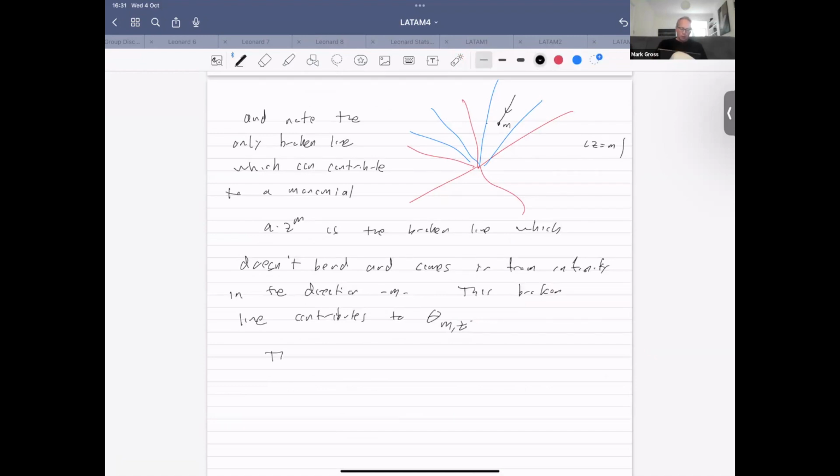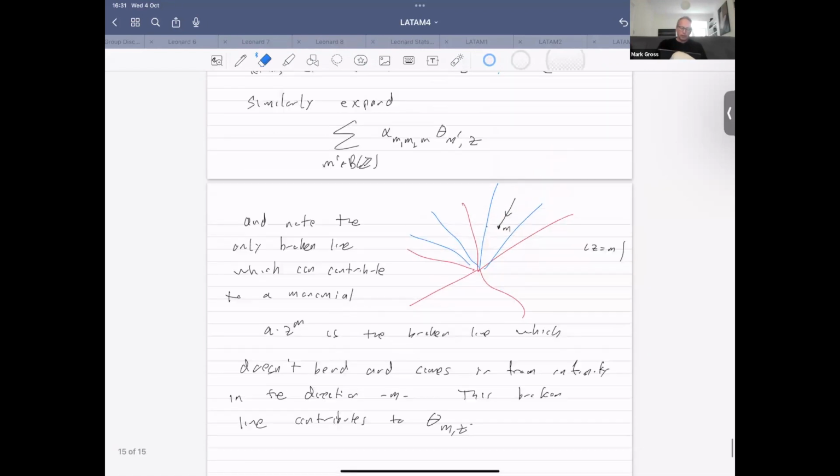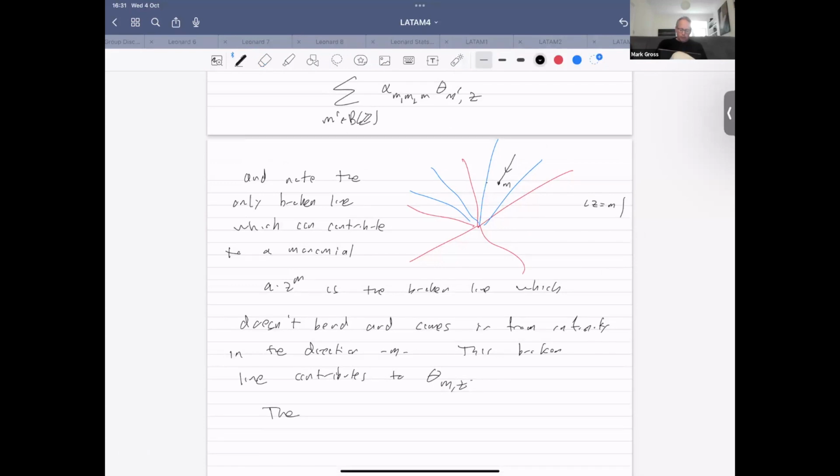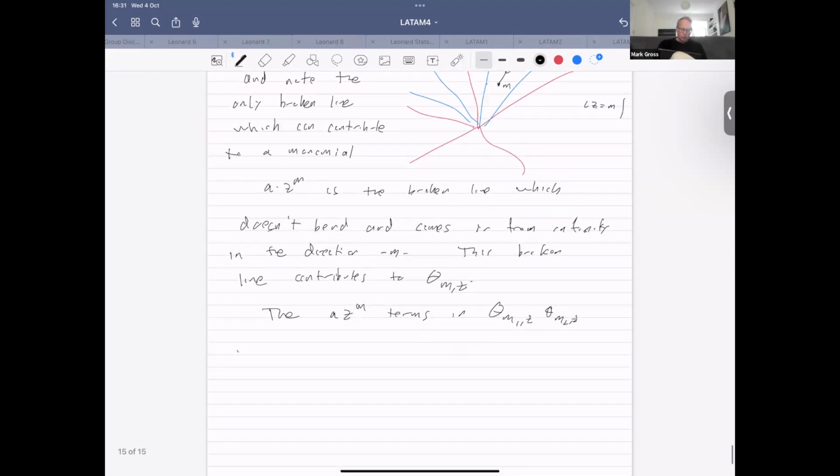So the a z to the m terms in theta m1 z times theta m2 z are precisely the terms appearing in the summation over beta 1, beta 2 of a beta 1 times a beta 2.